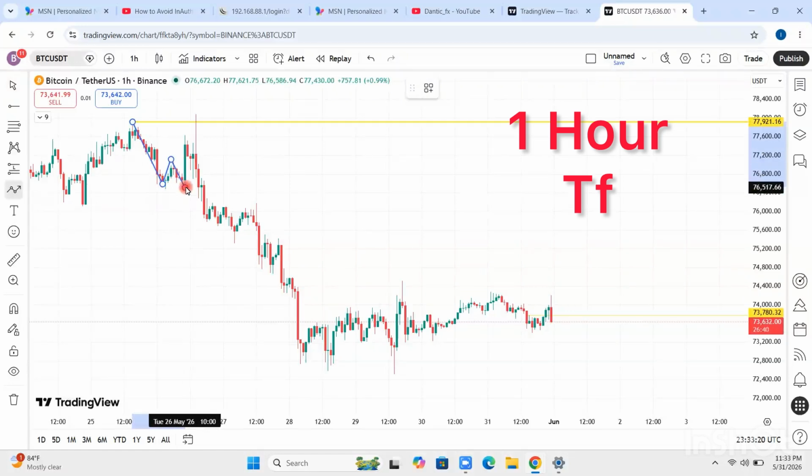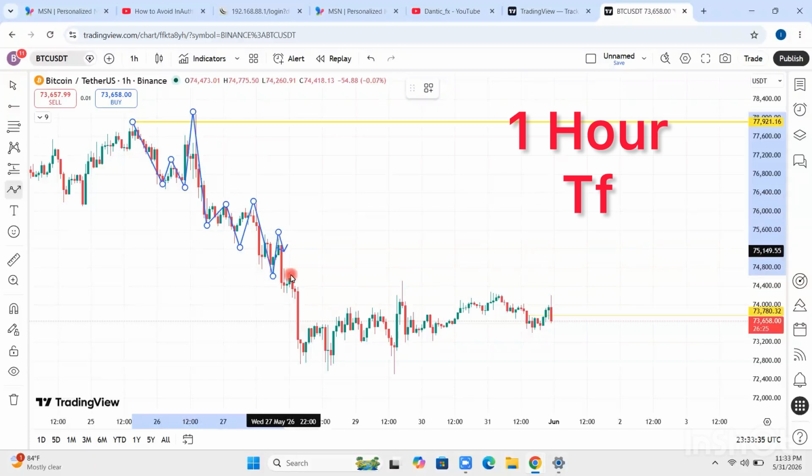We made some double bottom here, and we got some liquidity sweep here before the market started creating lower low and lower high, lower low and lower high, before we got this. I can say this is a double bottom here.